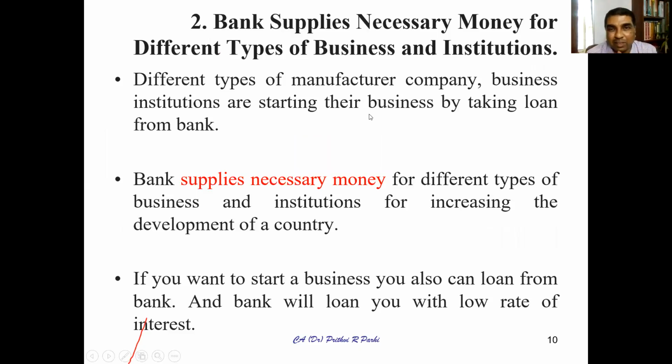Then the bank also supplies money which is necessary to different business houses. Business houses need money in different forms, in different kinds of loans, so they are supplied by the bank. The bank creates a fund out of the deposits and different kinds of loan products are made available.